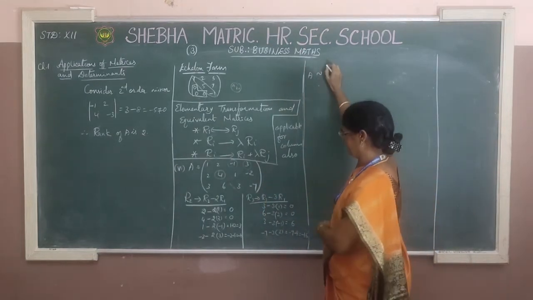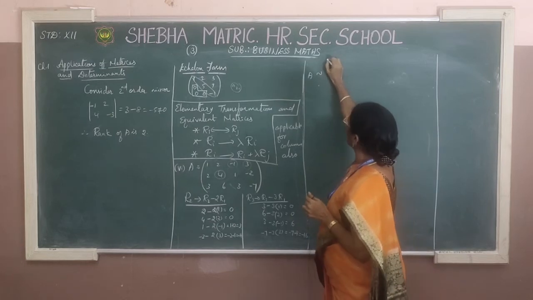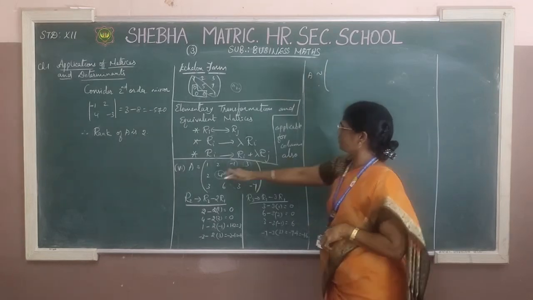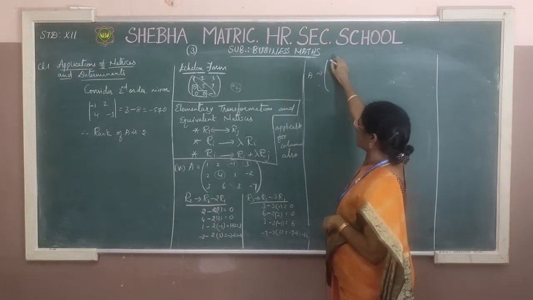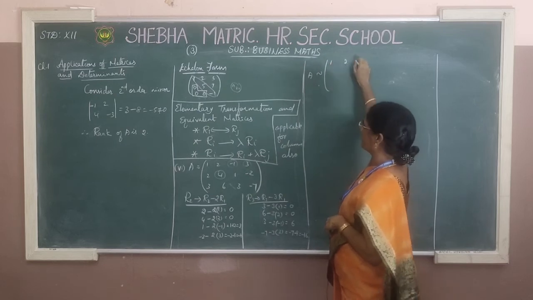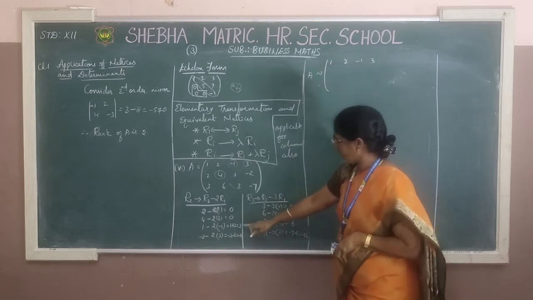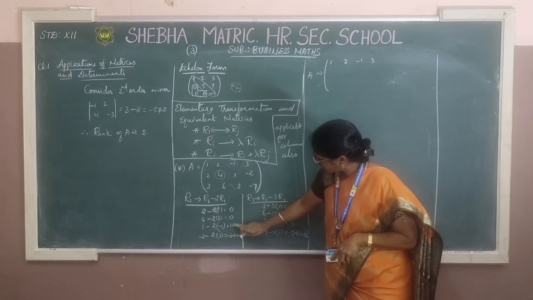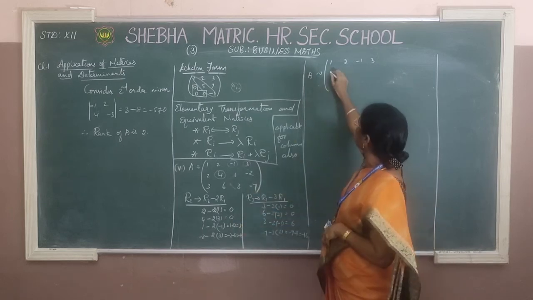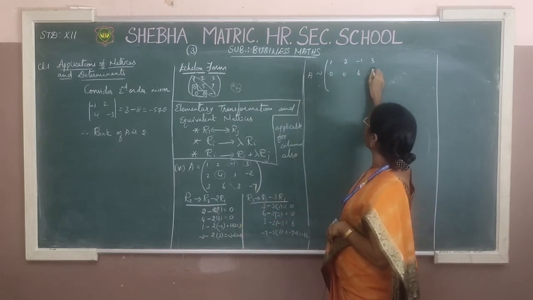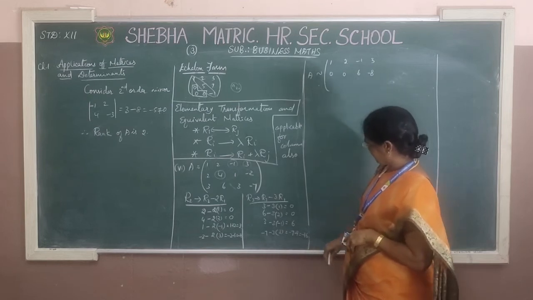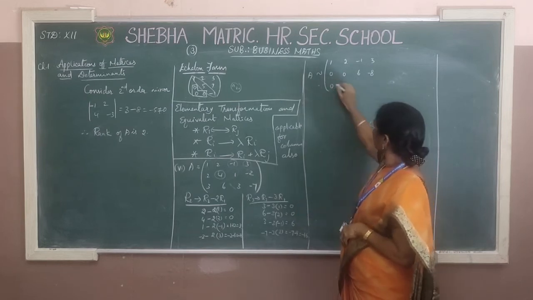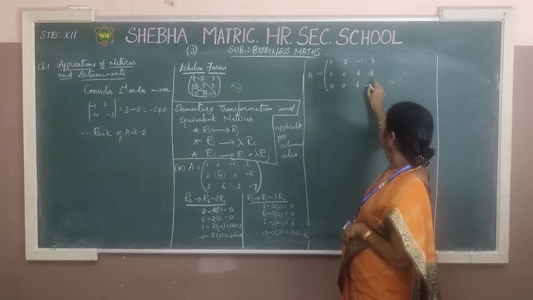Okay, in this, listen, your first row has no change. In this first row, no change: 1, 2, minus 1, 3. The second row becomes, listen carefully, 0, 0, 3, minus 8. In the third row, 0, 0, 6, minus 16.